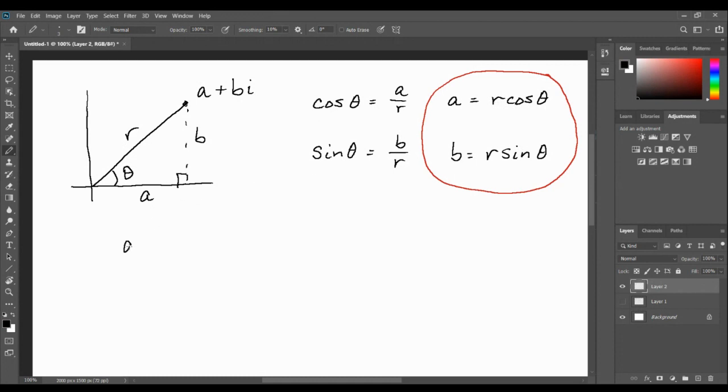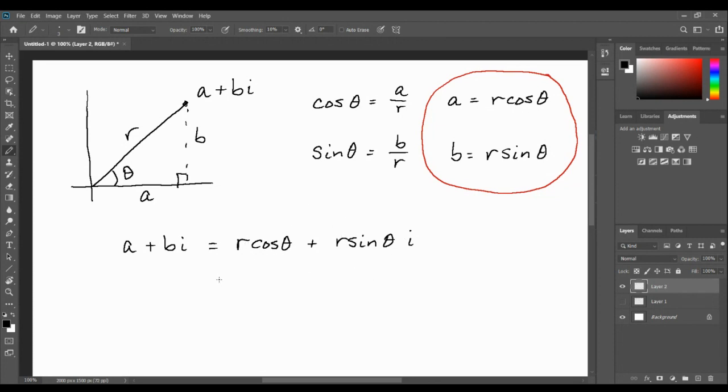So if I've got a plus bi, and a equals r cosine theta, and b equals r sine theta, I've got the format here.